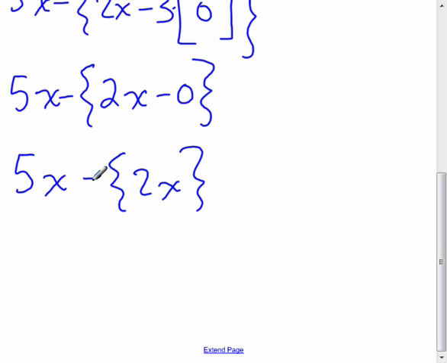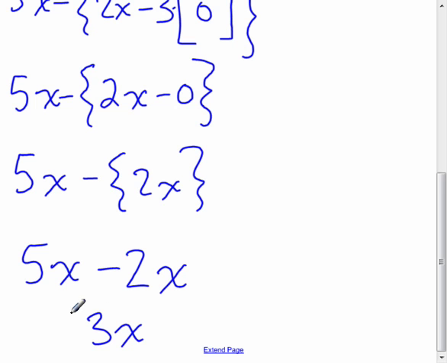A minus in front of a bracket, I have to change the sign of the thing inside. So instead of a positive 2x, it'll be a minus 2x. Which I guess is a simple thing. You probably saw that already, but I just want to make sure we're following rules the whole time. And 5x minus 2x would be equal to 3x.